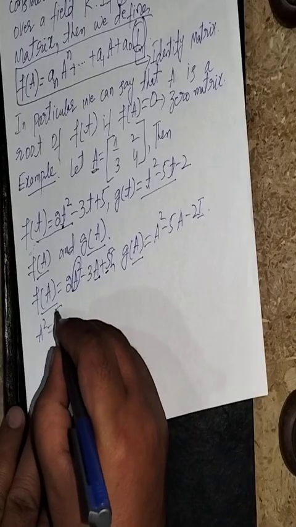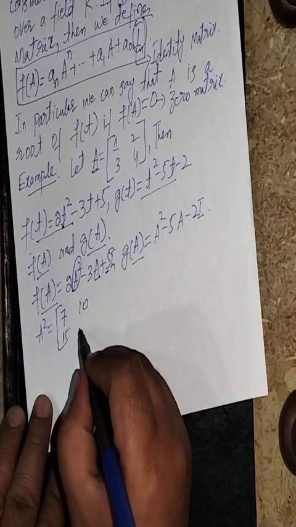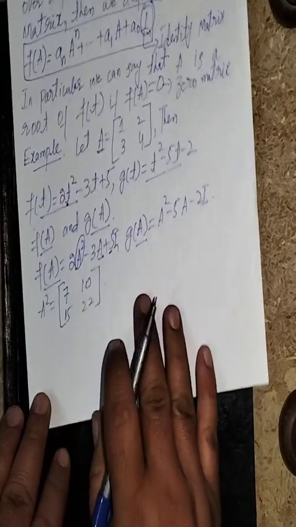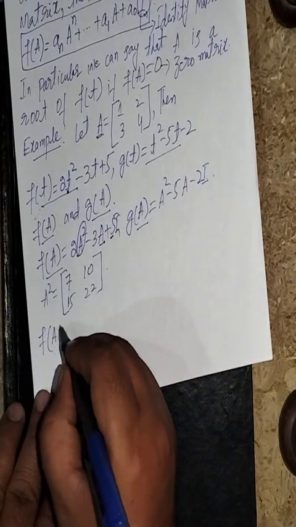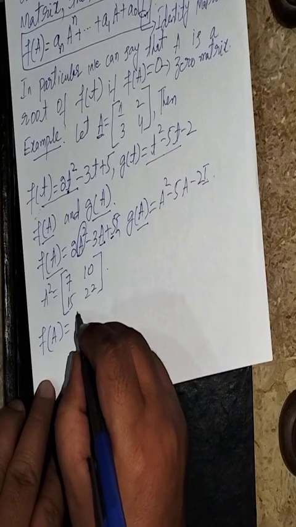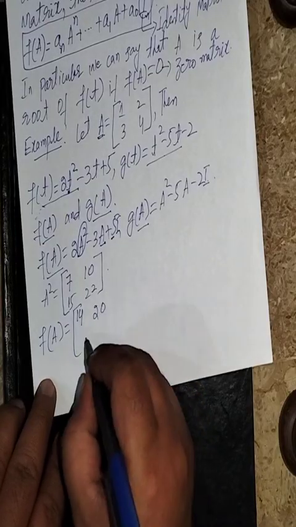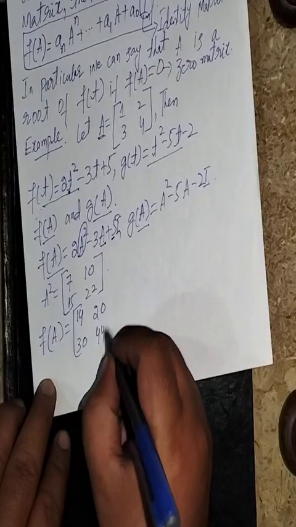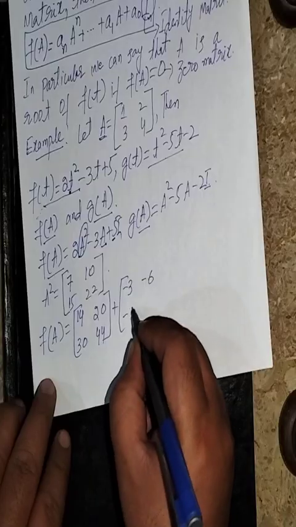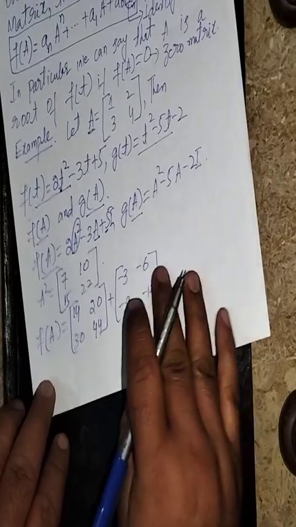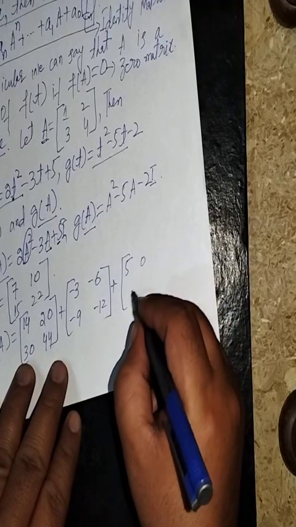You can calculate A square, A multiplied by A, which will be 7, 10, 15, 22. Put the values back in the polynomials f of A and g of A. Then for f of A, 2A square will be 14, 20, 30 and 44, plus minus 3, minus 6, minus 9, minus 12, plus 5 multiplied by the identity matrix, which will be 5, 0, 0, 5.